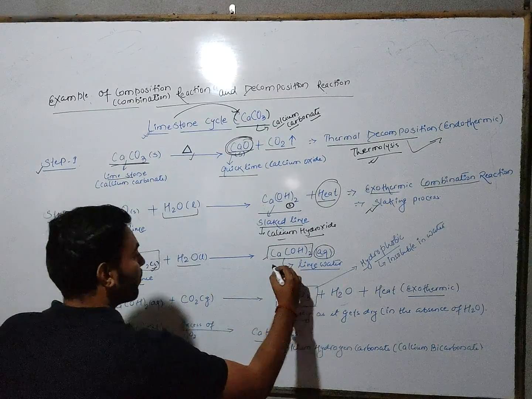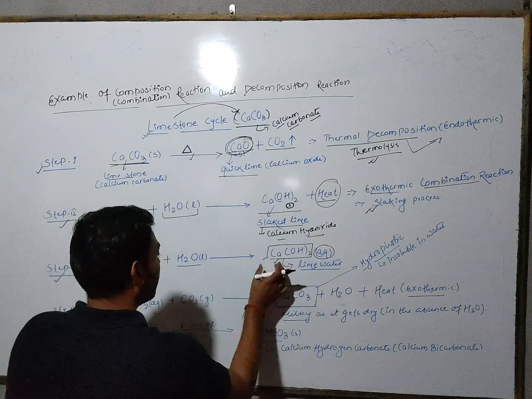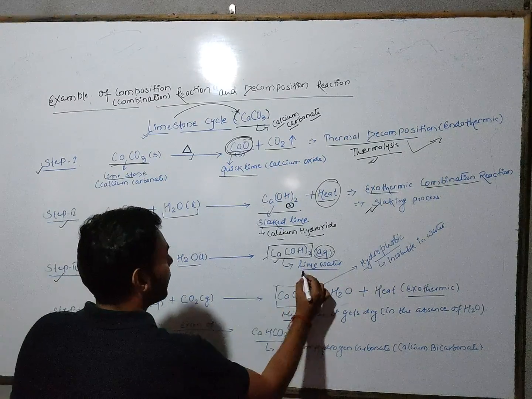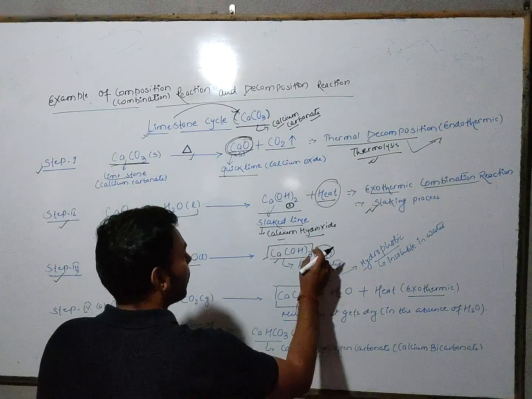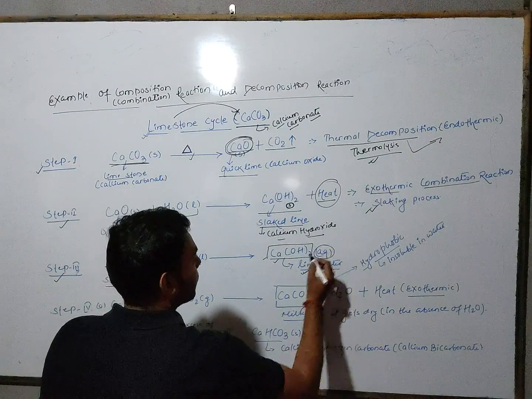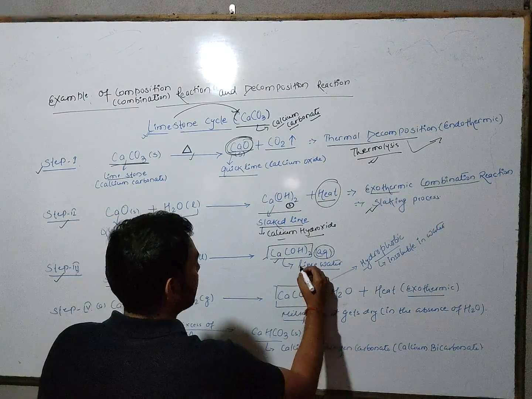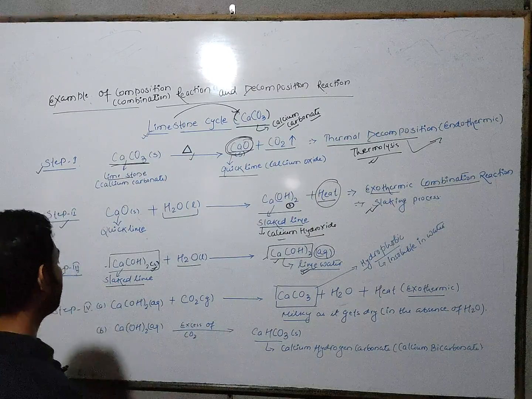Hence some amount of water is added to slaked lime, and it will not be called slaked lime, it will be termed lime water. So lime water has the same formula as slaked lime, but its state is aqueous, hence it is called lime water. It is not slaked lime.